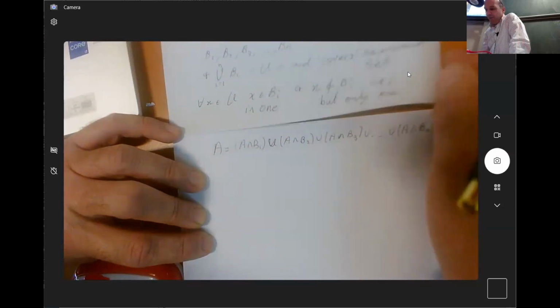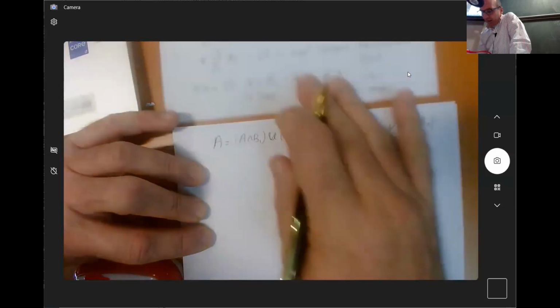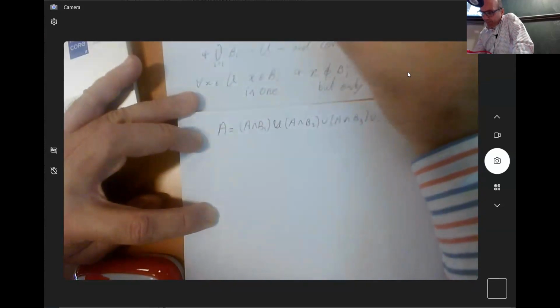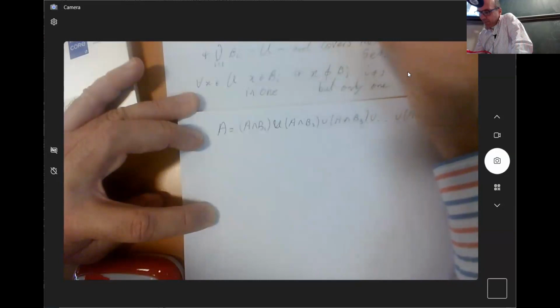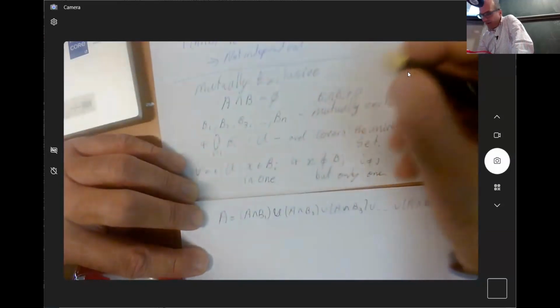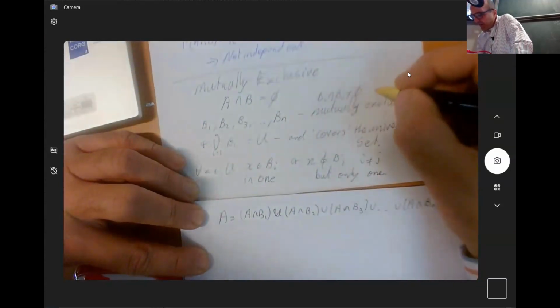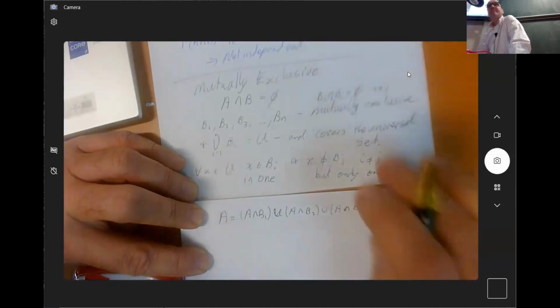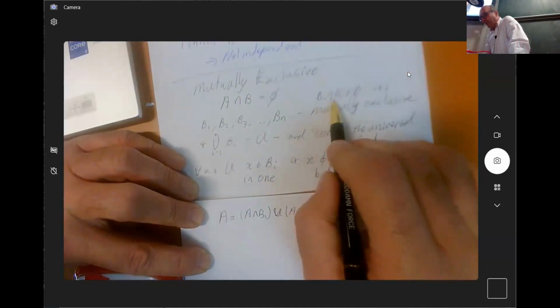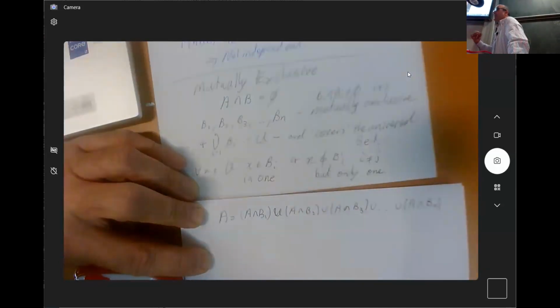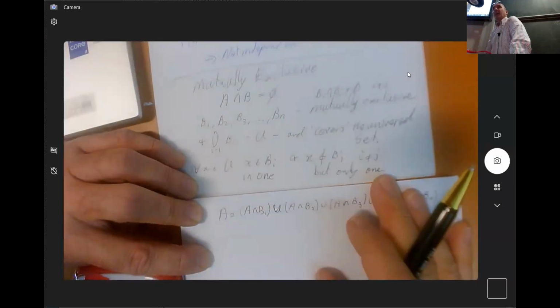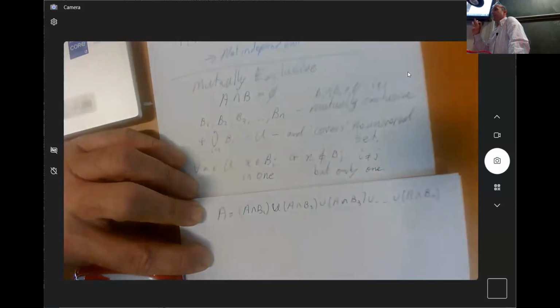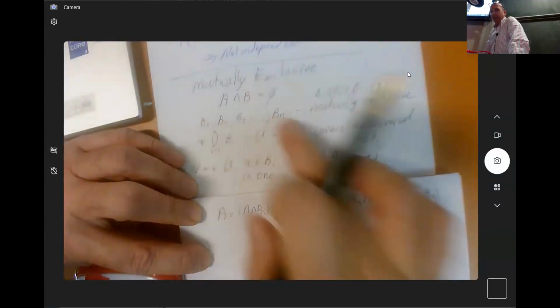Possibly what I really should have written here is Bi intersection Bj is equal to the empty set, i is not equal to j. So if I have different ones of these B's, their intersection is empty. That's mutually exclusive. If I apply that term to a lot of sets, I'm saying none of those sets have any intersection.